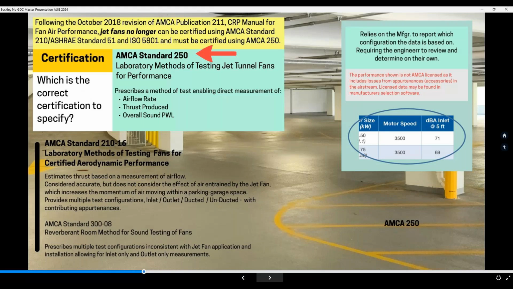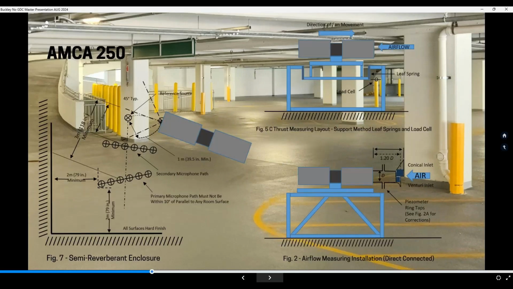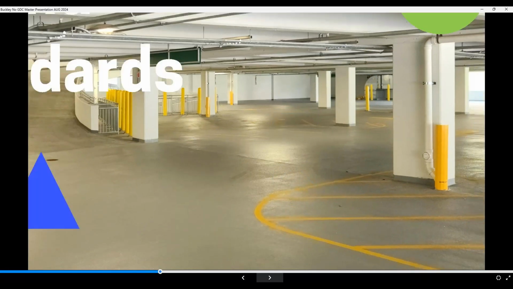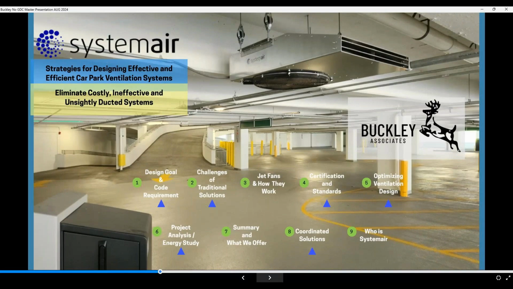And you see here, this is part of the test configuration that is used to measure, one, the total sound power level of the jet fan in its operation, not inlet only, not discharge only, the overall sound power level, and mechanically qualifying the test methodology to determine the actual thrust produced by that fan. So you can see there is a big difference between the previous certifications, AMCA 210 and AMCA 250. If you're specifying jet fans, you should be specifying jet fans to be in compliance with AMCA 250.